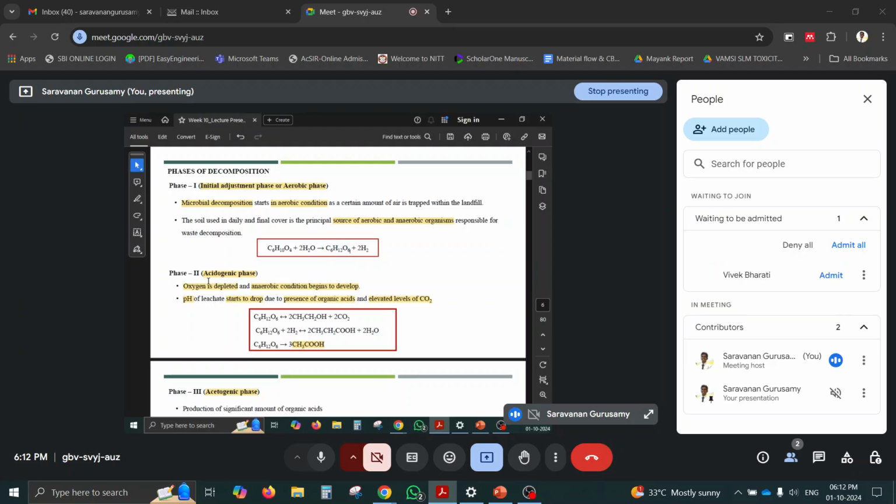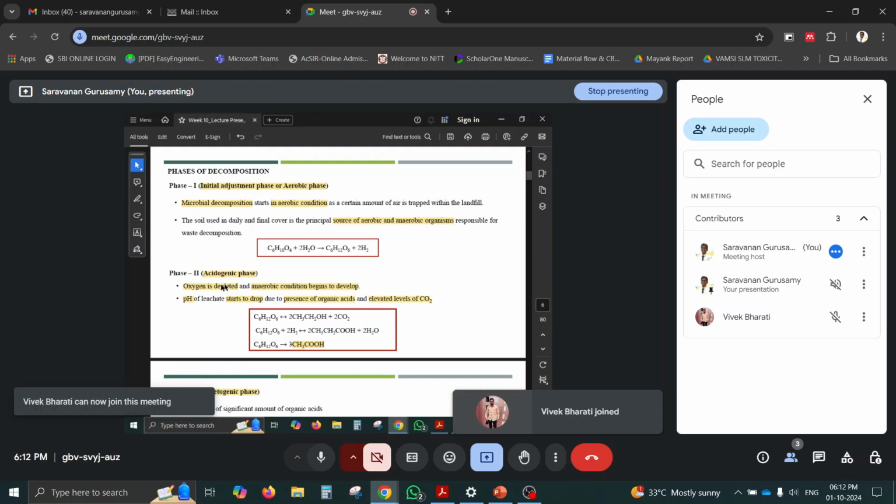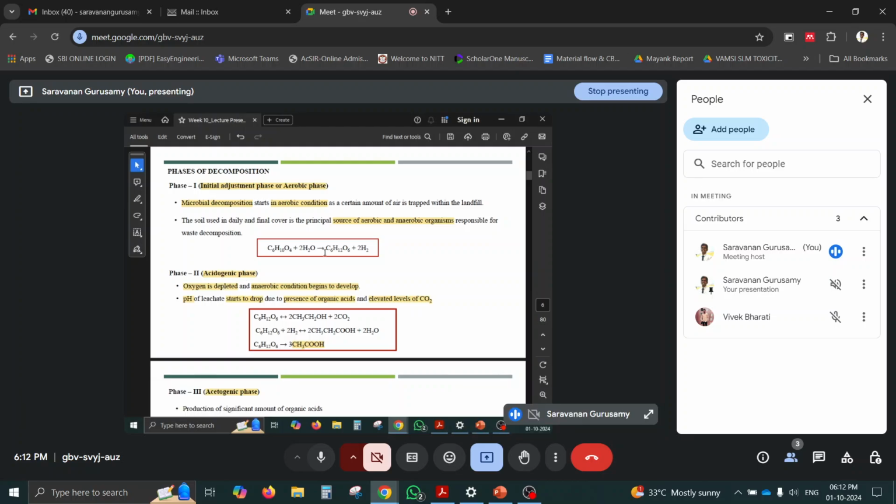So in the second phase, that is called the acidogenesis phase, the simple organic compounds that were generated in the first phase will be converted into acids, that is, volatile fatty acids.